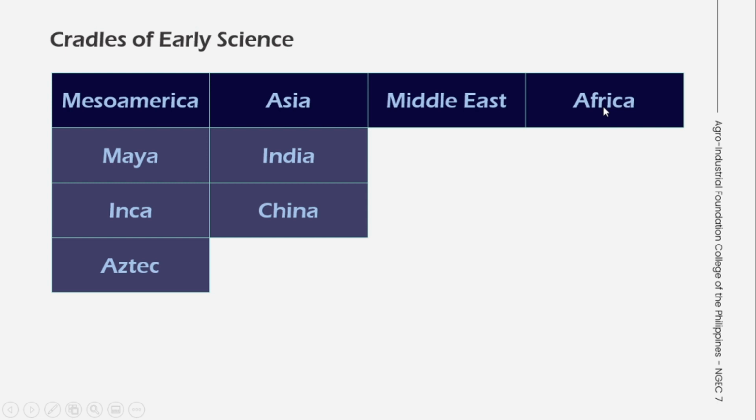Lastly, for Africa, specifically in Egypt, they are known for their works in alchemy, which is the medieval forerunner or predecessor of chemistry. Now, if we go back during this time, there was no scientific method. Mayans did not know that they needed to observe, gather evidence, make a hypothesis, and make conclusions.